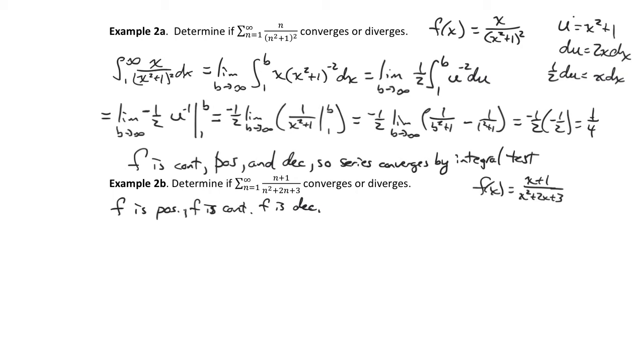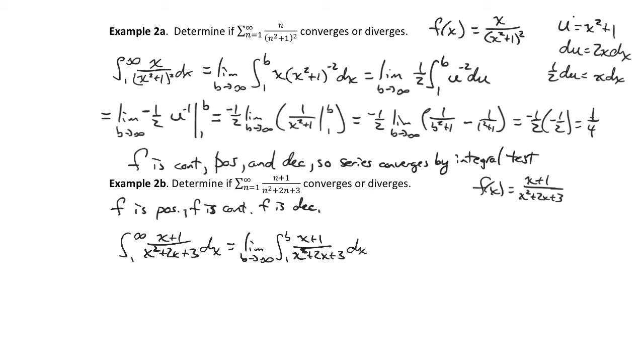So we'll look at the integral from 1 to infinity of x plus 1 over x squared plus 2x plus 3. Again, we need to write that as the limit as b goes to infinity of the integral from 1 to b of x plus 1 over x squared plus 2x plus 3 dx. This is another one where substitution is going to be really helpful.